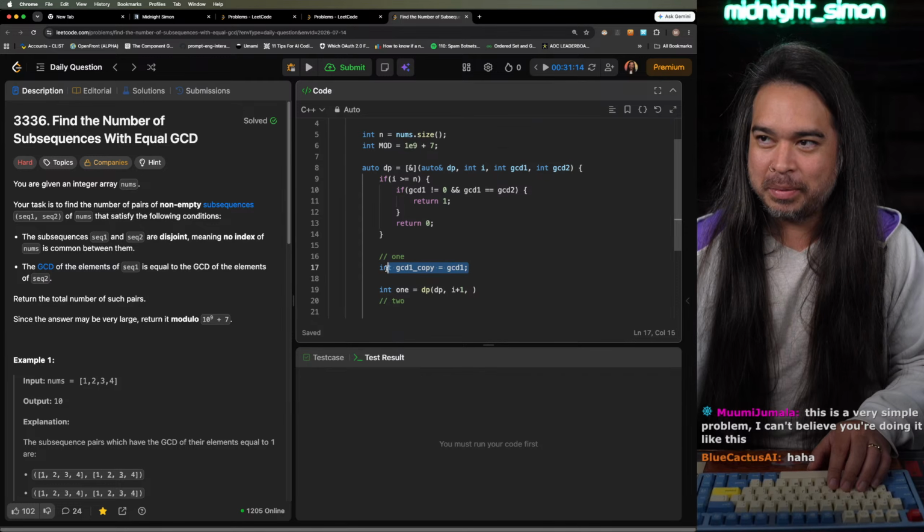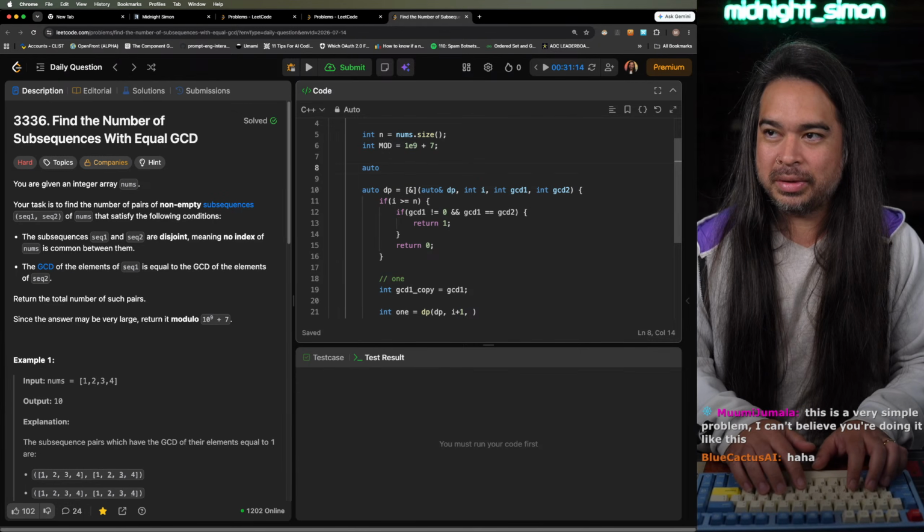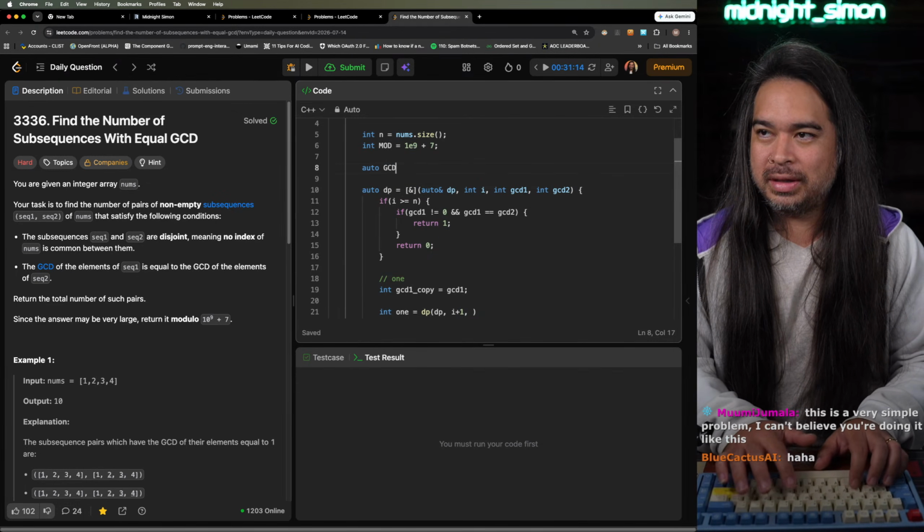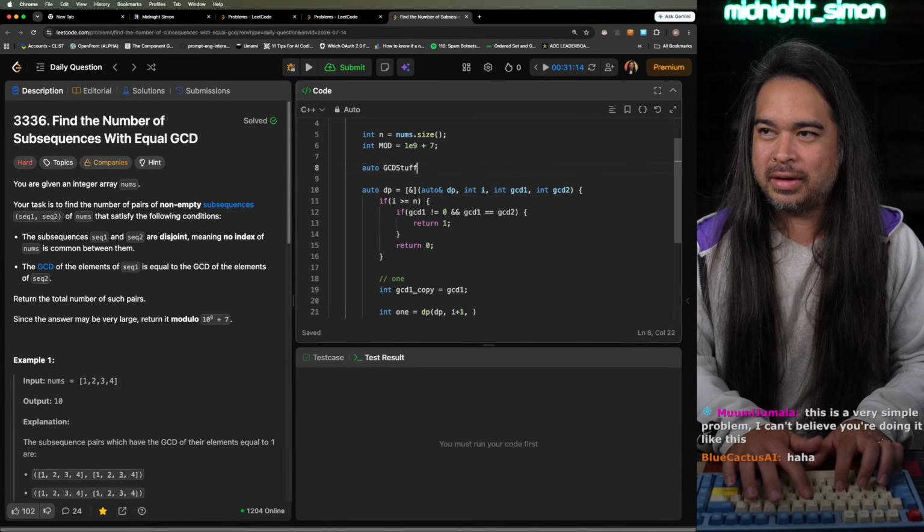I'm thinking if I should make a function to do this GCD stuff, and I think I will. GCD stuff.